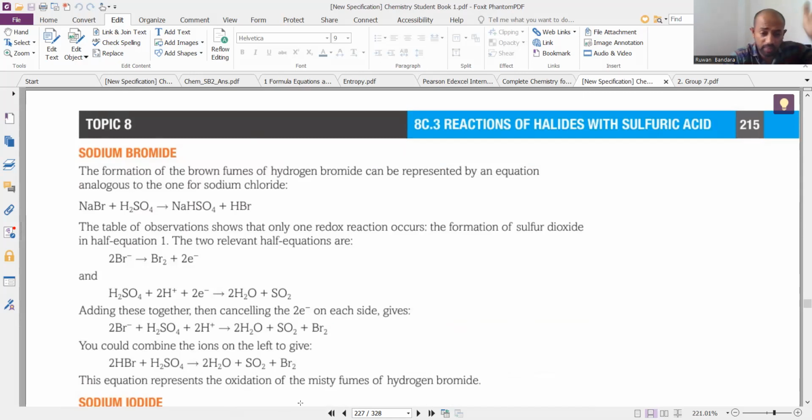Now, I'll show the practical video for this particular experiment as well. Halides with concentrated sulfuric acid.